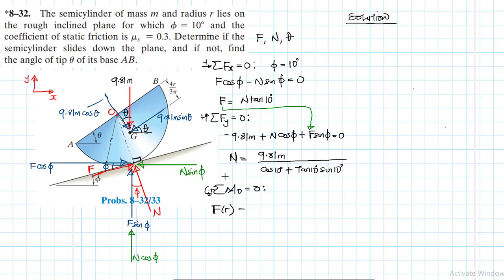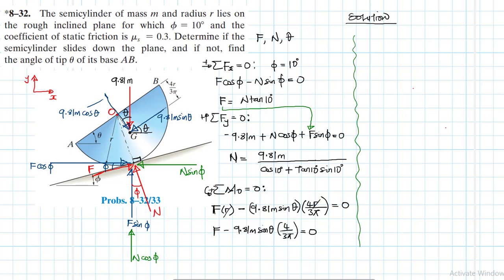Then minus 9.81 m sine theta times the lever arm, which is 4r over 3 pi, the location of our center of gravity, equal to 0.